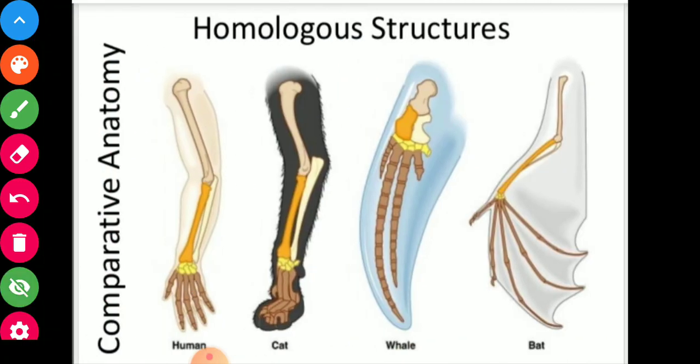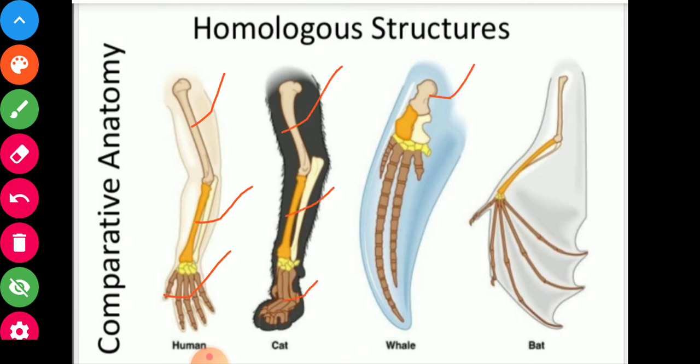Here homologous structures they are shown. Human, the bone, humerus, and radioulna, two bones are there, and then phalanges and other bones here. And here also these bones they are showing common structures.